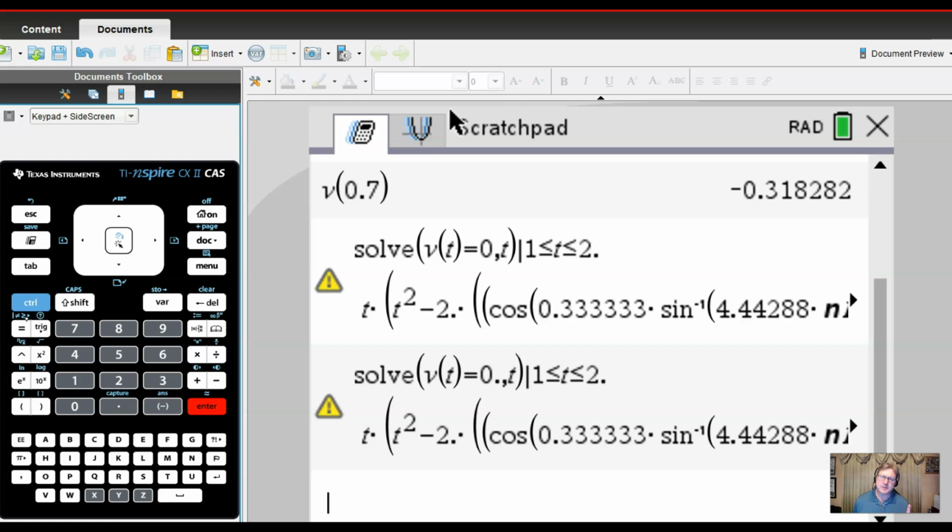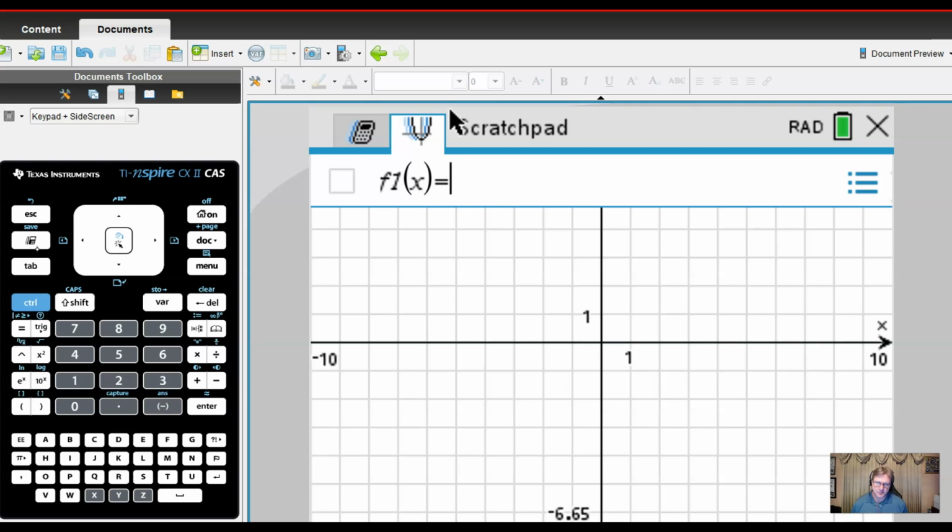Now, it comes with a little bit of a drawback. We are going to have to graph this equation. I've already solved it or stored it as v of t. That's a bit of a problem because when we input our functions, we really want to be inputting them in terms of x. It makes it a lot easier to use our calculators.